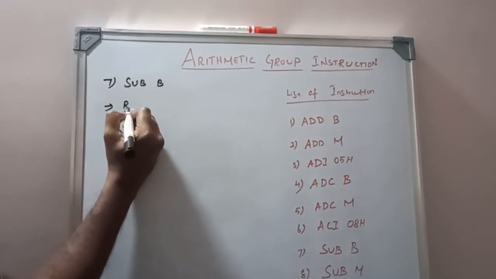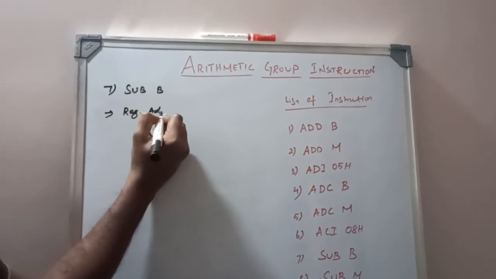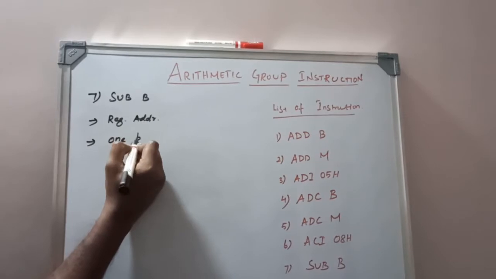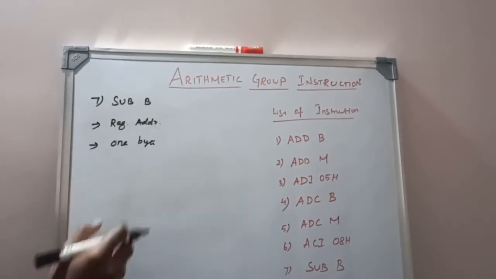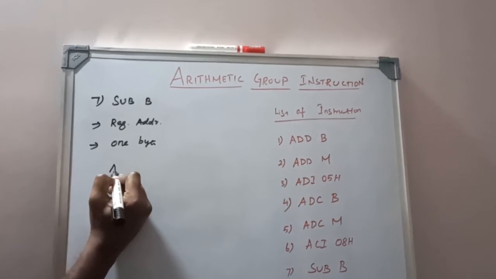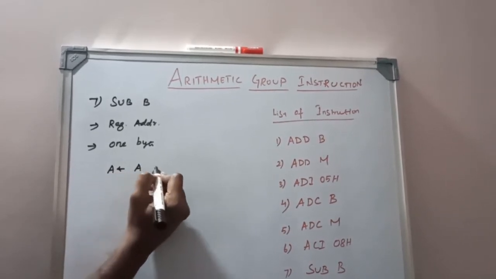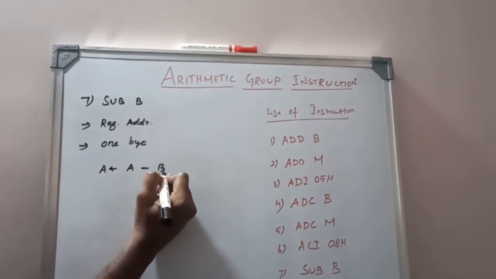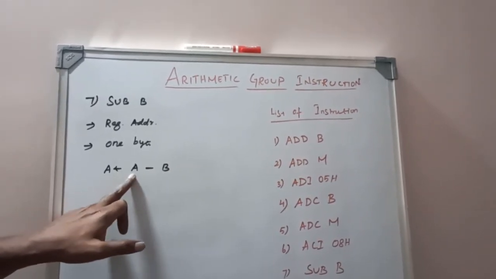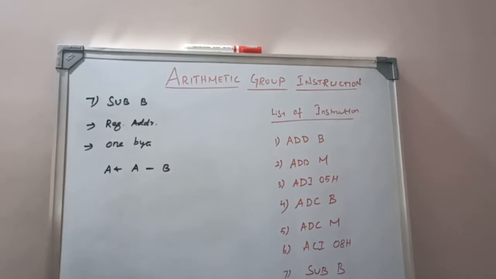Type of addressing mode: register addressing mode. Byte of instruction: it's 1 byte, because no data is present in the instruction itself. The function of this instruction: A gives A minus B. So whatever value is present in the accumulator register, that value is subtracted with the B register.